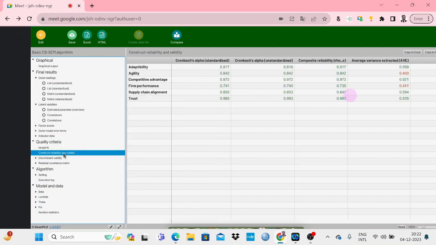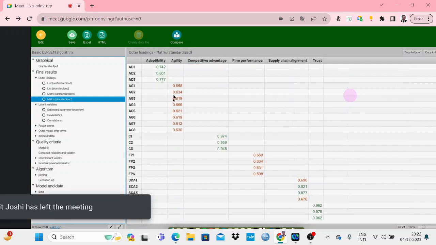Let us click that. In construct validity and reliability, using the factor loadings, we have calculated certain matrices here: composite reliability, rho C, and average variance extracted. These two have been estimated from the standardized factor loadings.